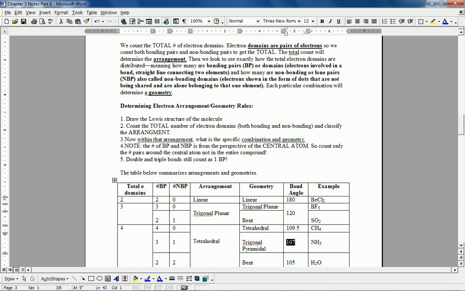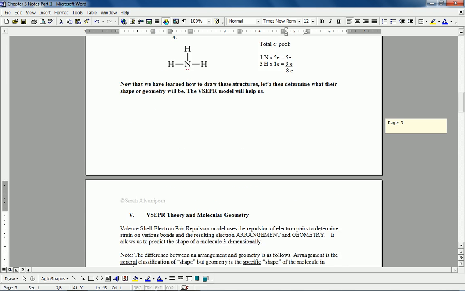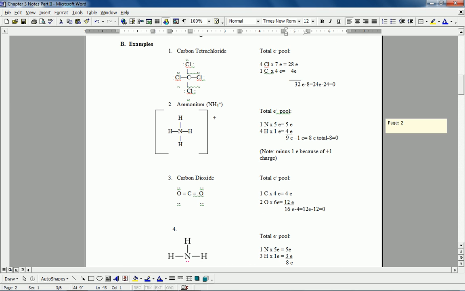If you have, let's say, a double bond, like in the example of, let's go back up here to carbon dioxide, our central atom would be carbon. It has a double bond on one side, another on the other. So it has two double bonds. That's two bonding domains. I don't see any dots on it, so it has zero non-bonding.